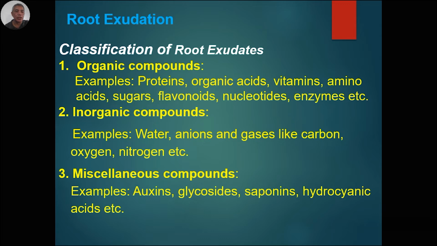Examples, we have water and ions, and gases like carbon dioxide, oxygen, nitrogen, and other gases. Then we have miscellaneous compounds, and examples of these are auxin, glycosides, saponins, hydrocyanic acid, and others.